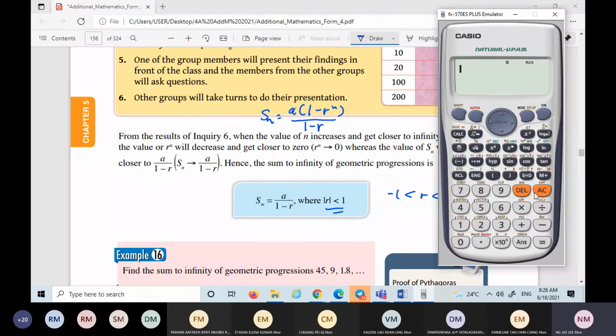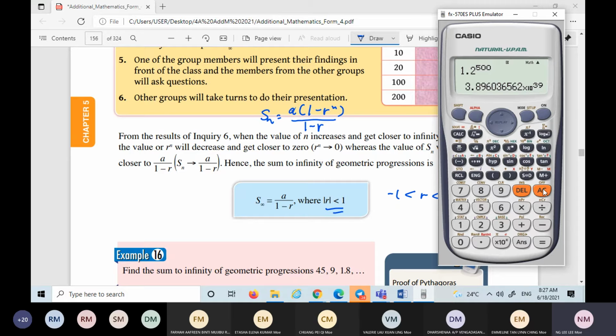Math error, too big. Okay, again, 1.2. Enough. You can see the number is so big, times 10 to the power 39, a very, very big number. So the S infinity will not give you a value.